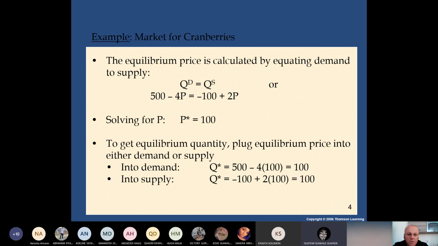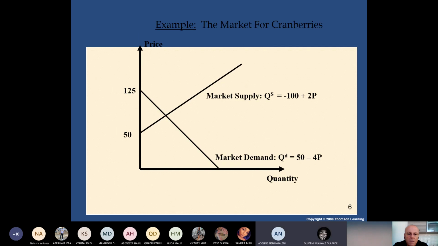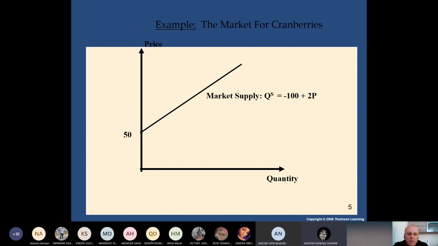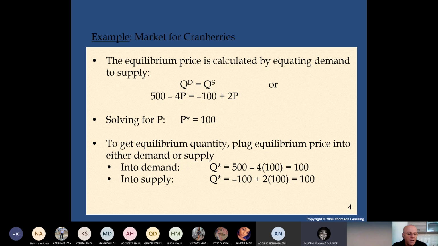You got the solution now, Natasha? The price is 100 and the quantity is 100. Yes, they all got it. Yes, sir, I got the answer before also. It is 100 and 100. It's correct.